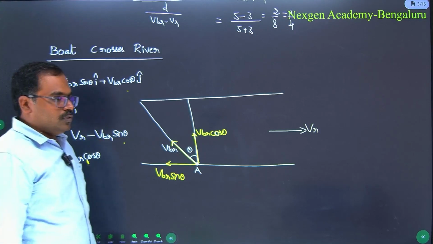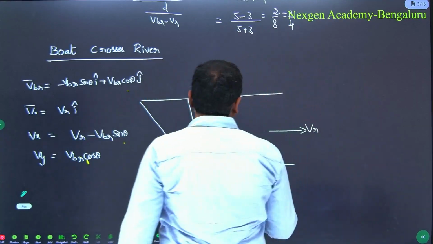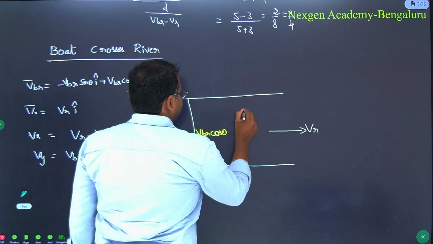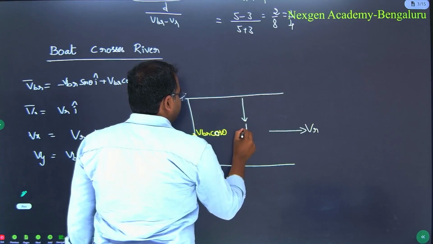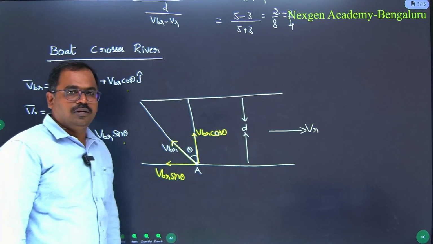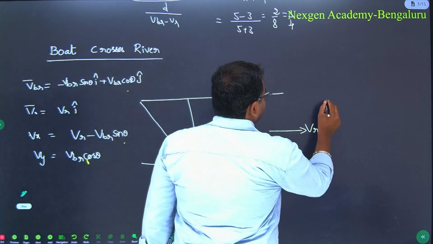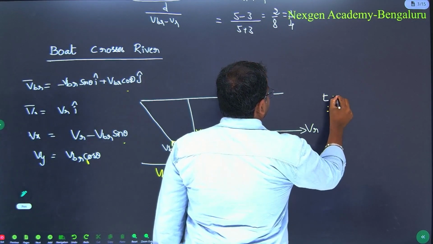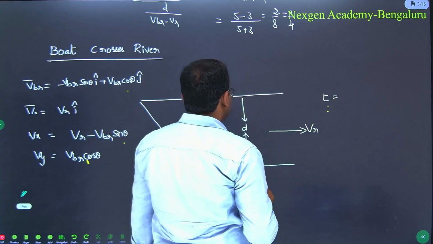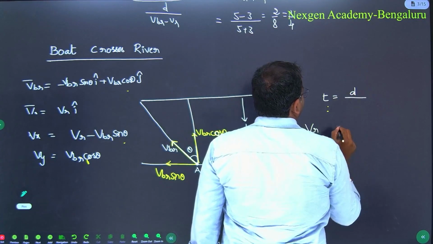Here I am assuming the width of the river as D. Now you tell me, what is the time taken to cross the river? Time taken T is equal to distance by velocity.